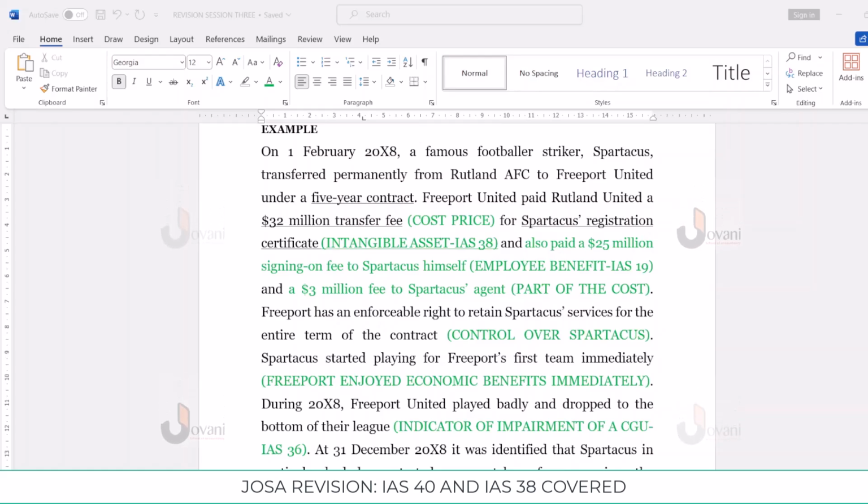You should define what an intangible asset is. You should talk about the criteria for an intangible asset to be recognized: having control, if there are rights, and all that.